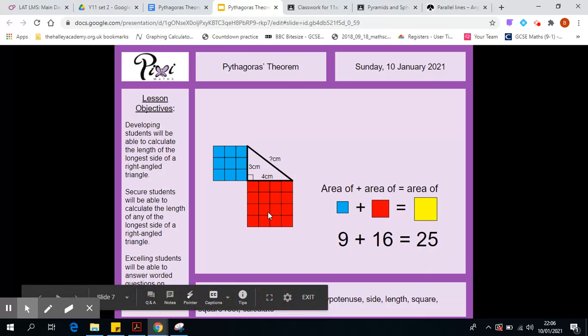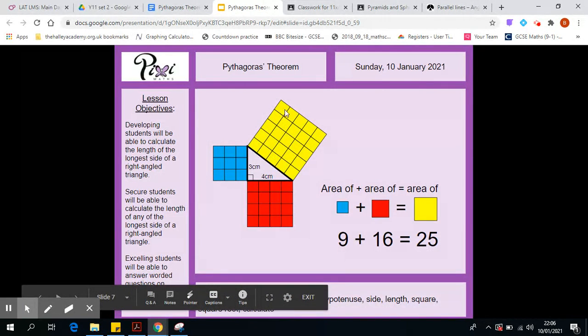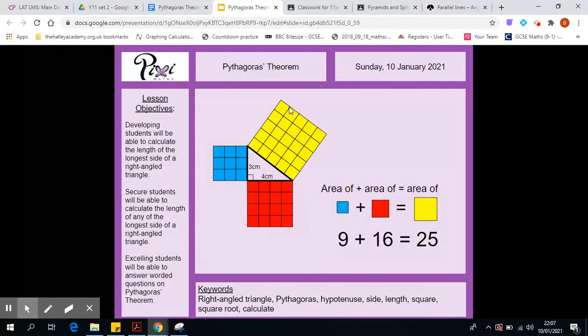The area of the red one is 16, which gives us 25. 25 is the area of the square drawn based on the hypotenuse, which means the length of the hypotenuse has to be 5, because 5 multiplied by itself, or 5 squared, is 25.